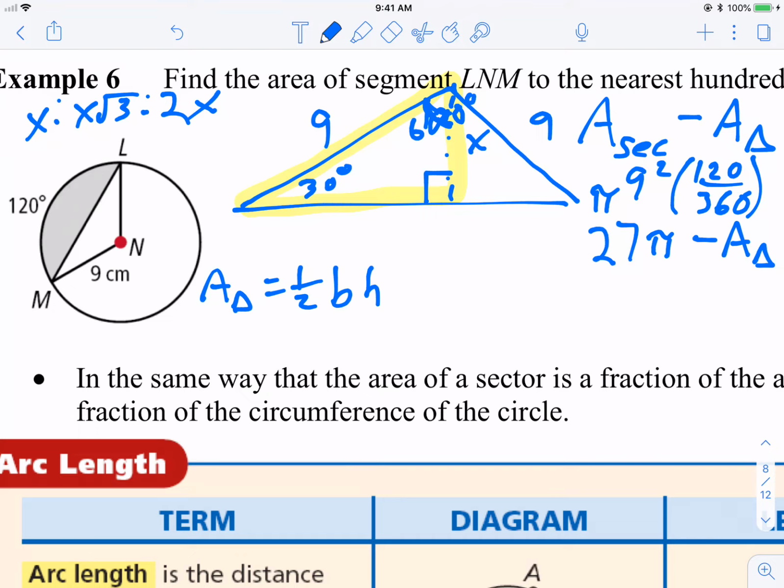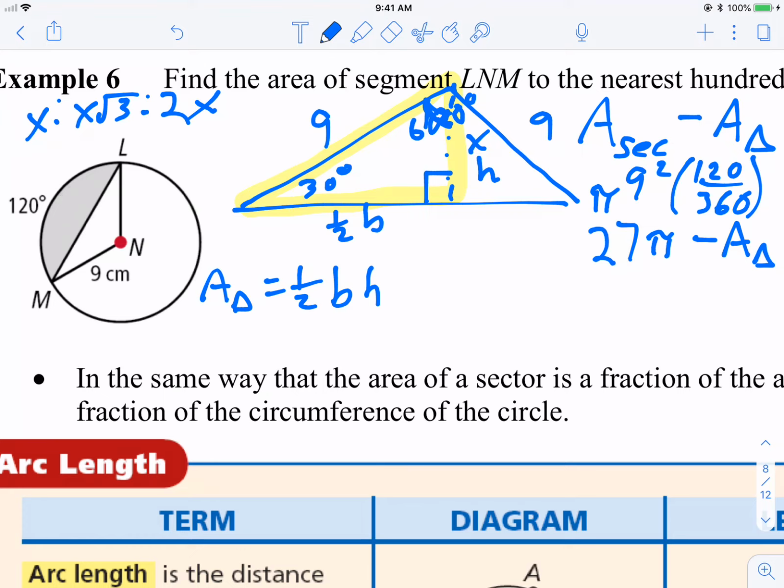We have the longest side, the hypotenuse is 9. We need to find this medium side here, which is going to be half of the base length. When we double it, we'll get the full base length b, and that's what we need for our area. So I misspoke a minute ago. This x is also going to be our height, our h.